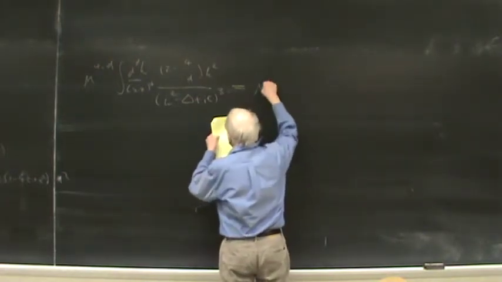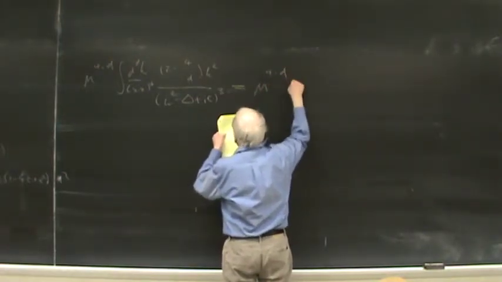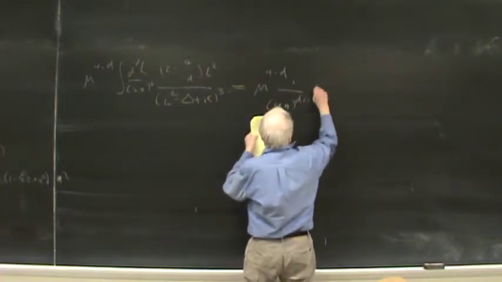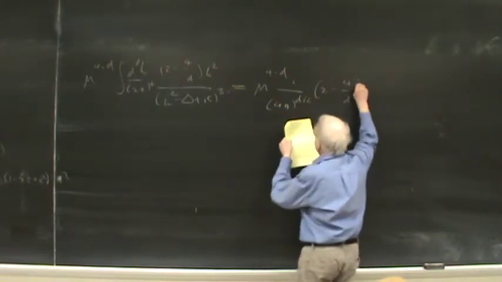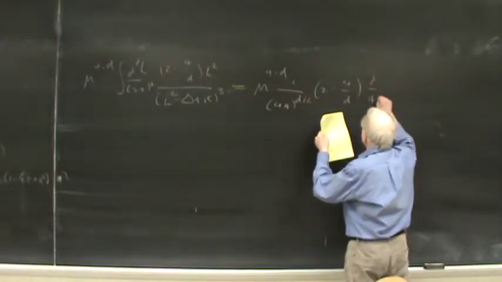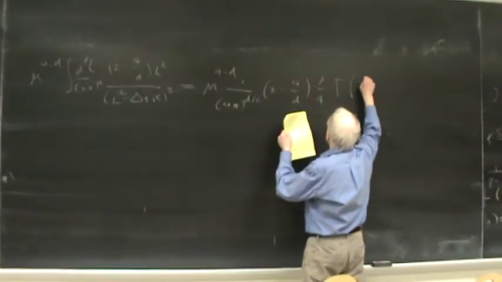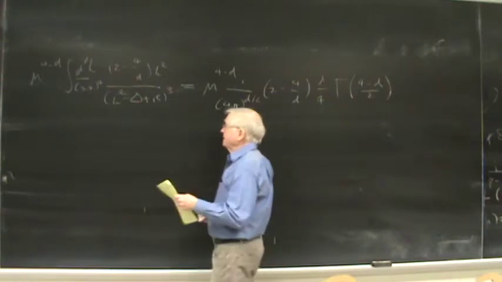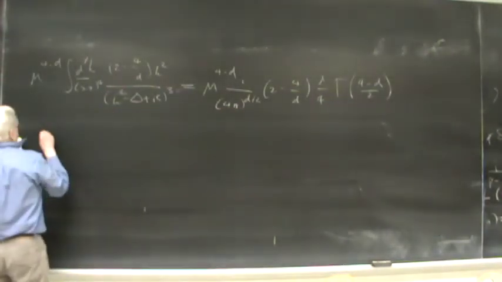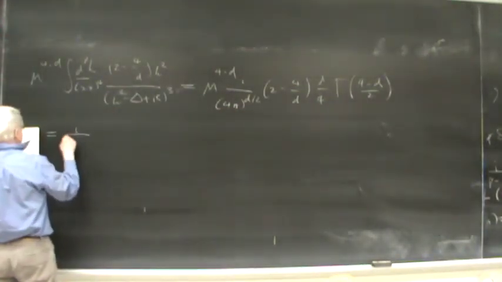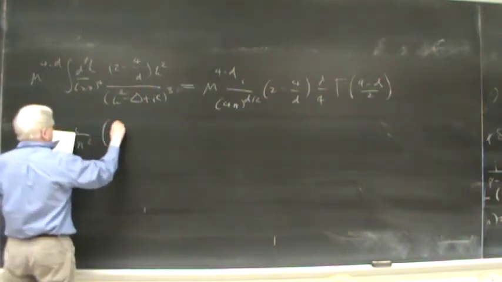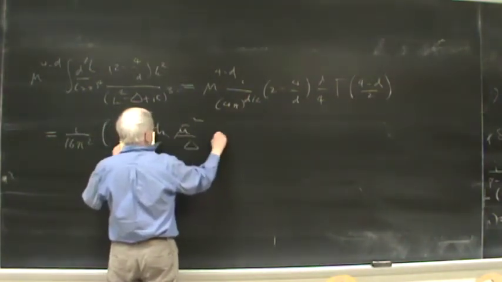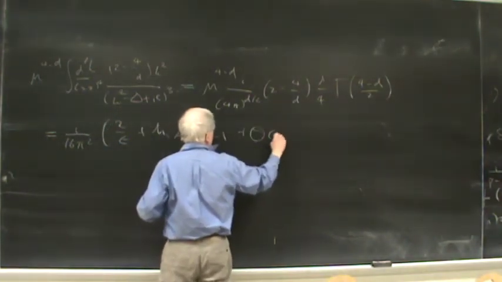What we get is mu to the 4 minus d, i over (4 pi) to the d over 2, times 2 minus 4 over d over 4, gamma of (4 minus d) over 2, and setting epsilon equal to 4 minus d, we get i over 16 pi squared, 2 over epsilon plus log mu tilde squared over delta minus 1 plus order epsilon.